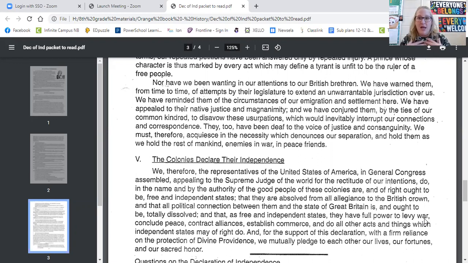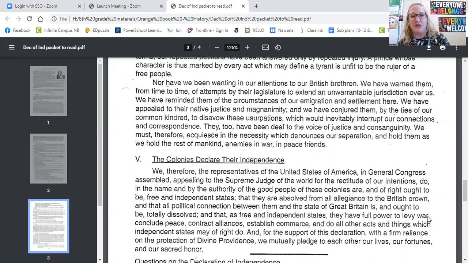We can do our own thing. We can hang out with whoever we want to. We can have deals made with whomever we want to. That's now our right. And for the support of this declaration with a firm reliance on the protection of divine providence, we mutually pledge to each other our lives, our fortunes, and our sacred honor.